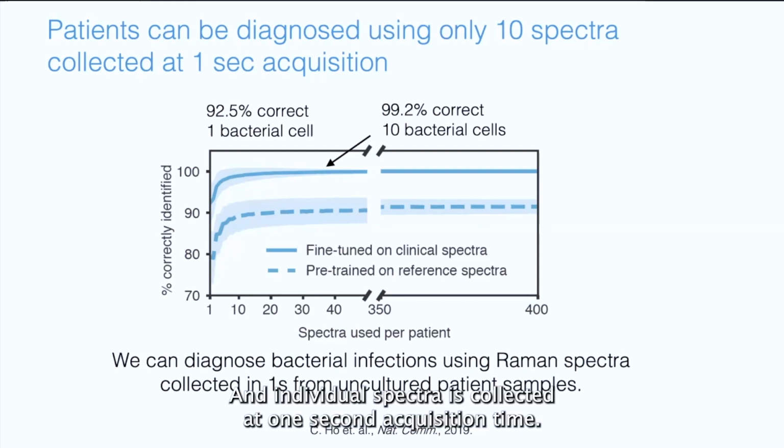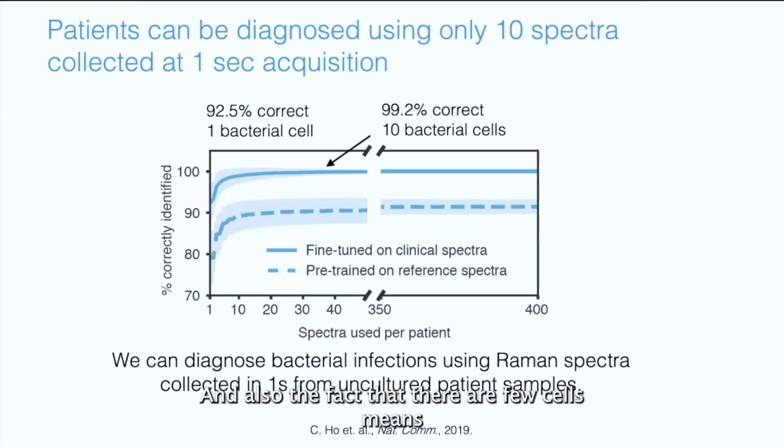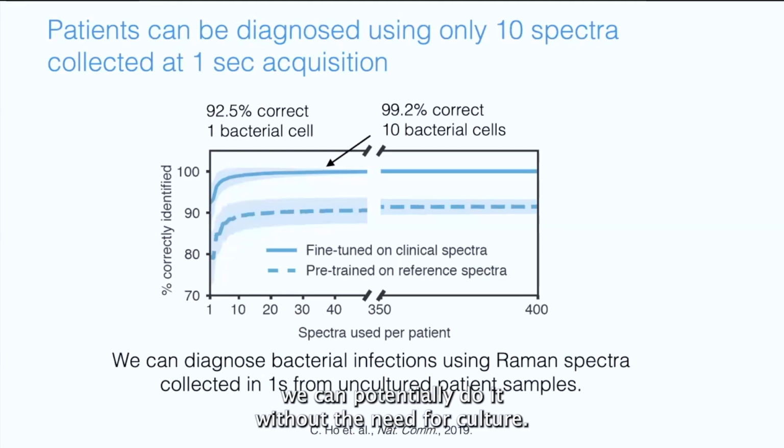And individual spectra is collected at 1 second acquisition time. So you can see how rapid it can be, as long as you can isolate these cells from your sample. So the rapid nature is demonstrated here. And also the fact that there are few cells means we can potentially do it without the need for culturing.